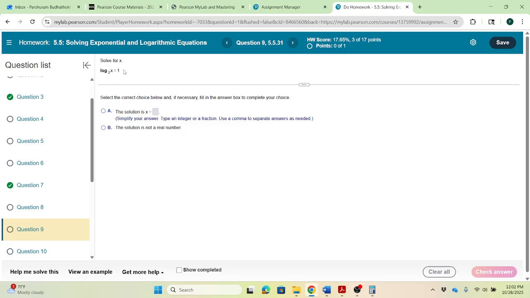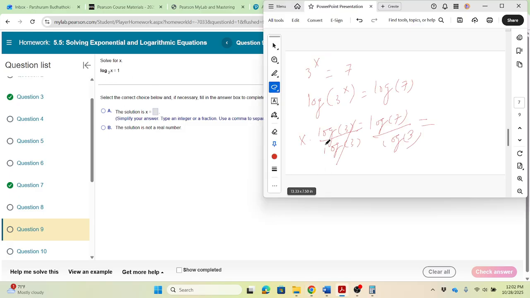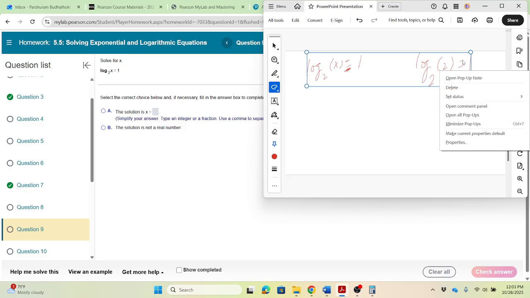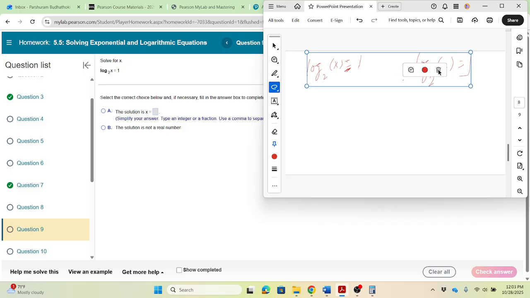Okay, here log base 2 of x equal 1. This can be done by changing the log equation into the exponential equation. Log base 2 of x equal 1. What is x? We can always write down log base 2 of 2. This is 1. We know that for sure.